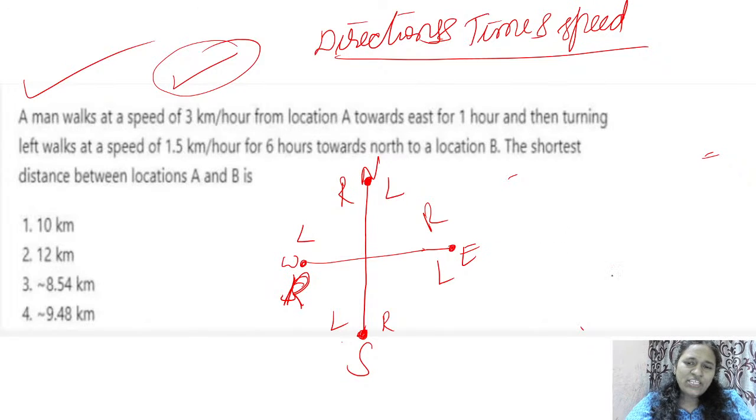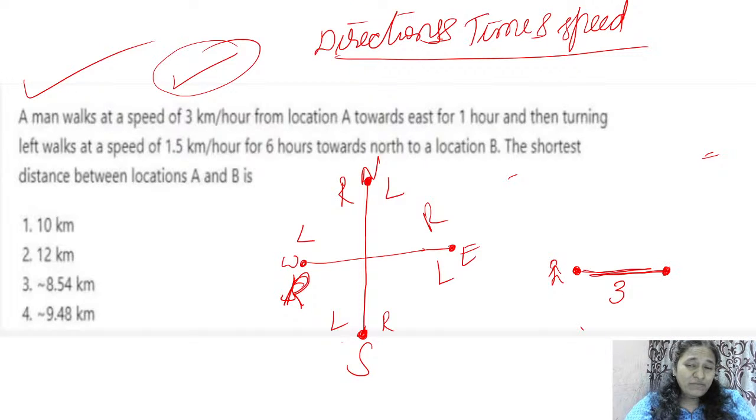Actually in these directions questions, what will they give? They will say that a person started at one point and goes in his east direction. That means he is going in this direction. We have to know this is the east direction. Then after going some distance, say 3 kilometers, he will take his left direction.